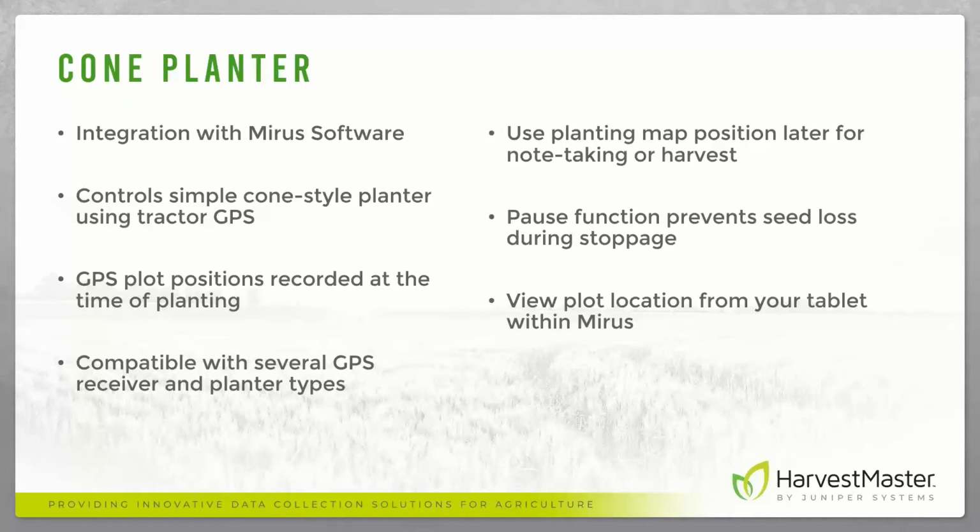It's compatible, like anything. This uses the GNSS plugin like we've been talking about in the other ones, so we can use any NMEA string receiver. And the planter type really doesn't matter if you've got electric or hydraulic air, or however the actuator lifts the cones up. We can connect to those.